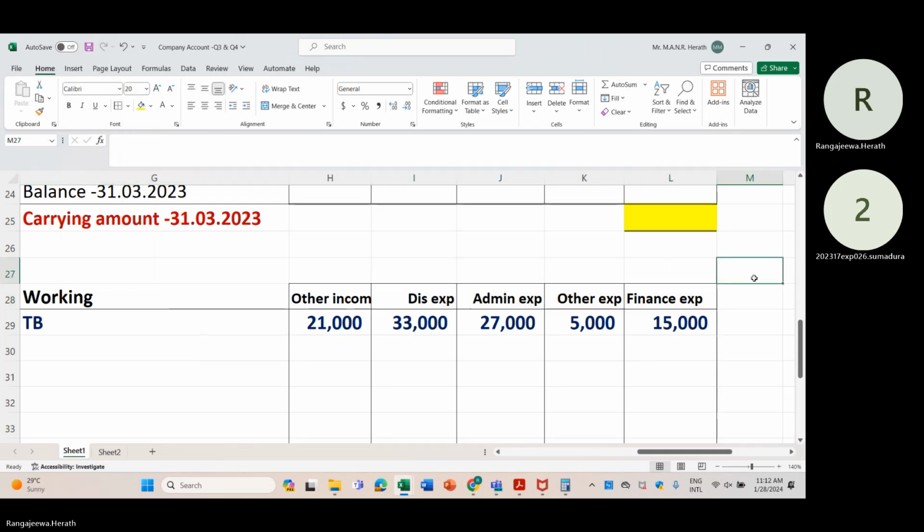What are the working figures? We can bring the figures given in the trial balance. Other income 21,000, distribution expenses 33,000, admin 27,000, other 5,000 and finance 15,000. Below that we will put the adjustments.